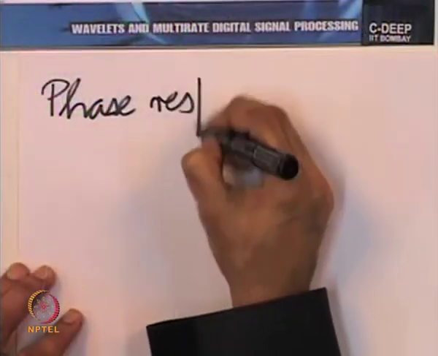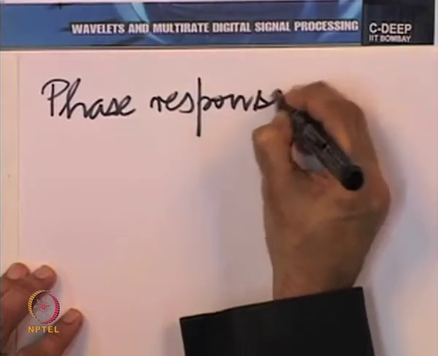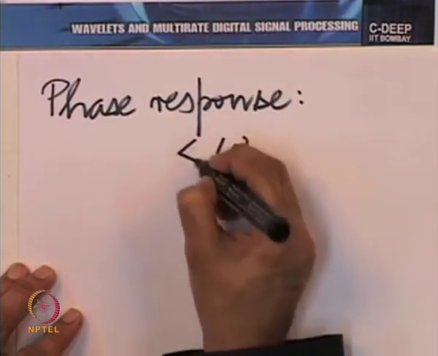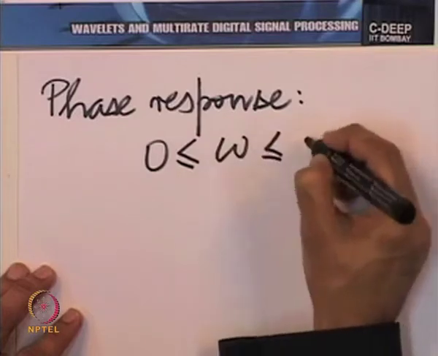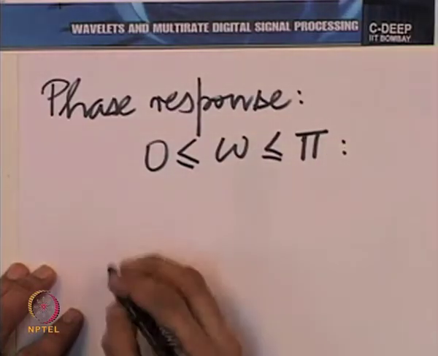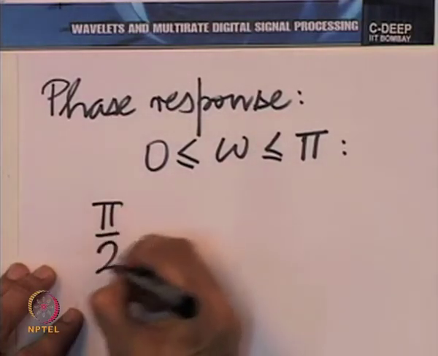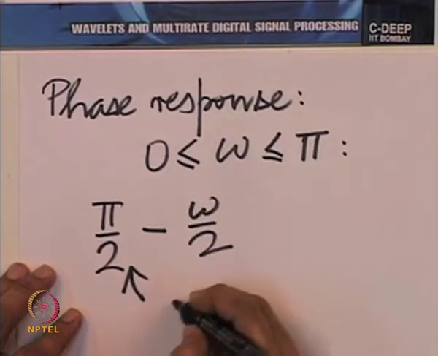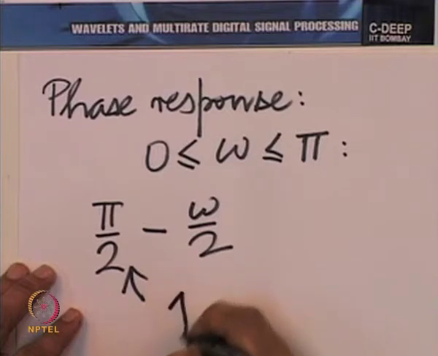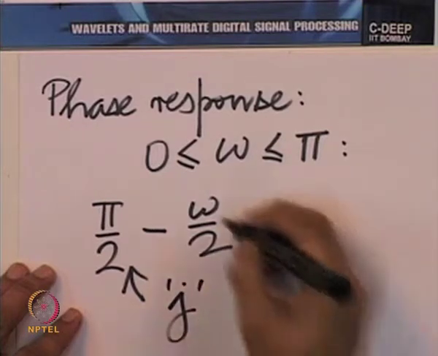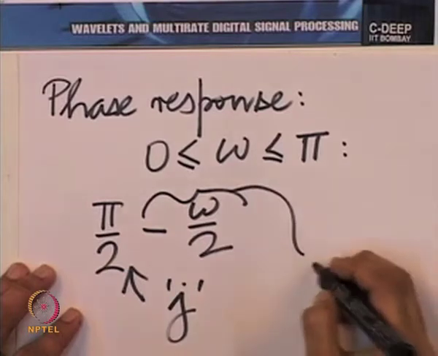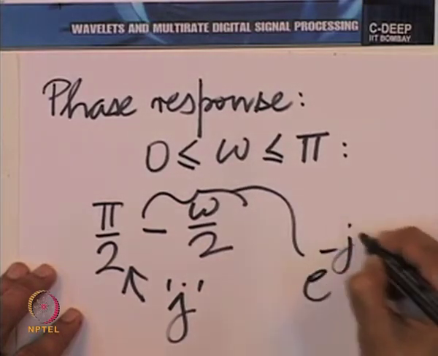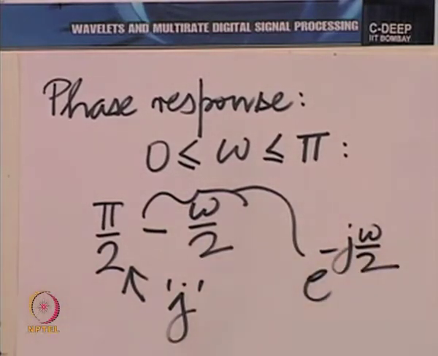So, overall the phase response, only between 0 and pi, is pi by 2 minus omega by 2. This is contributing essentially j in the expression, and this part is coming from e raised to the power minus j omega by 2 in the expression.